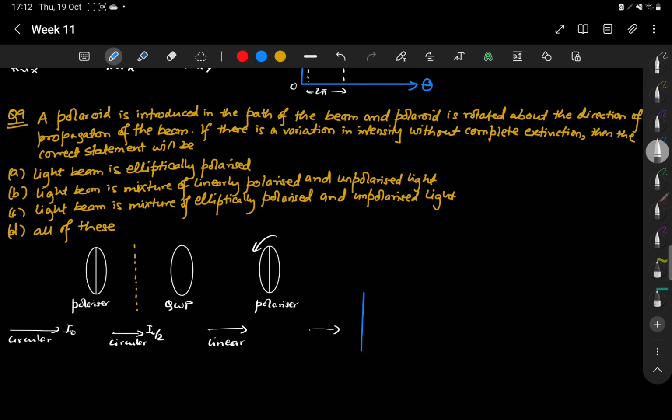These are my axes: theta, normalized intensity. Today I am not able to draw things properly.